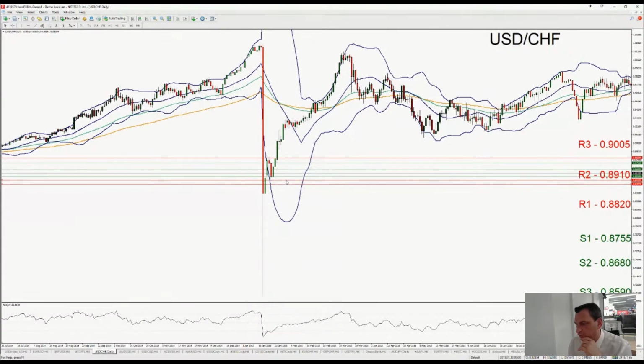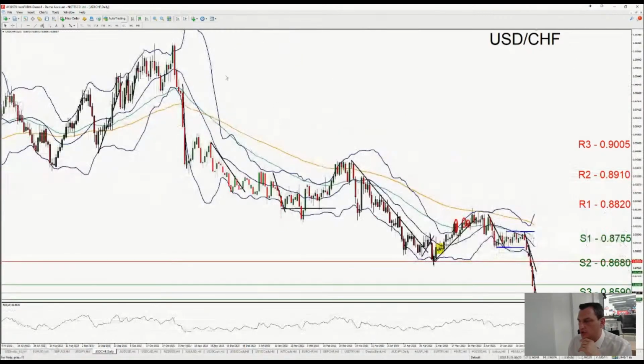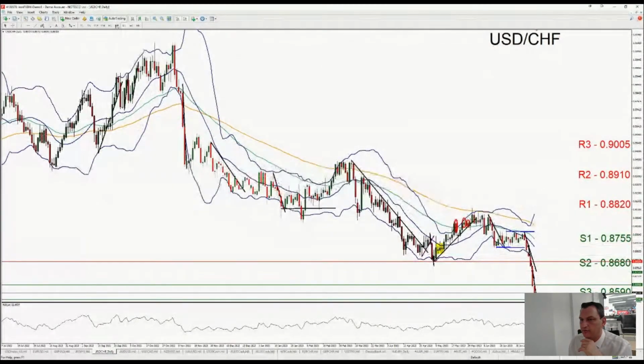There you go. Could be wider. Here. Unlocking the chart. Readjusting everything back to the 4-hour chart.